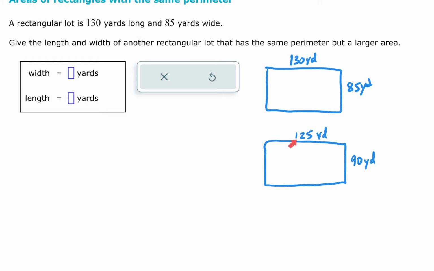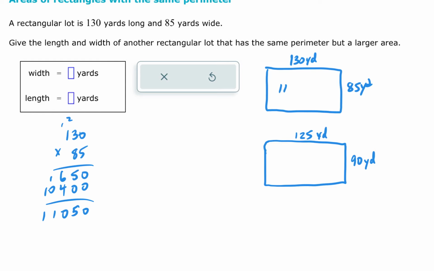Remember, area is the inside of this, so we're going to do length times width. So for our first one, 130 times 85. So we have 11,050 square yards.